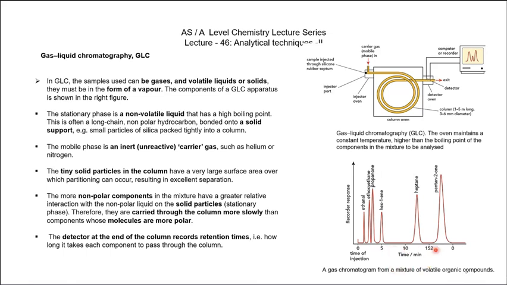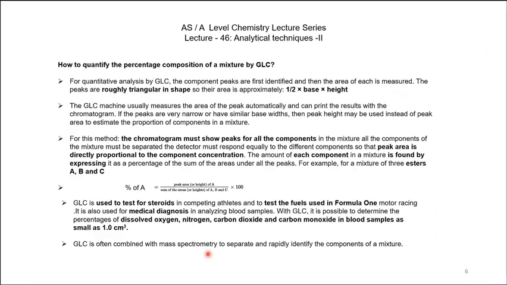This is what we call retention time. So the detector at the end of the column records the retention times, how long it takes each component to pass through the column. That's what we record, and then we find out the compounds in the mixture that we want to analyze.